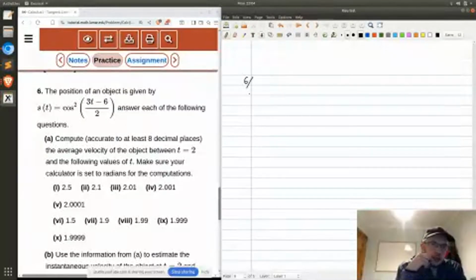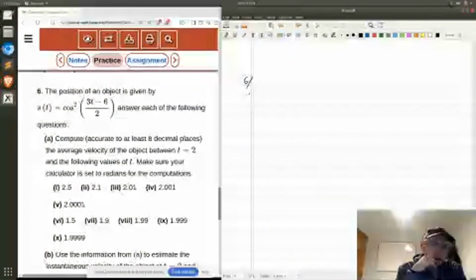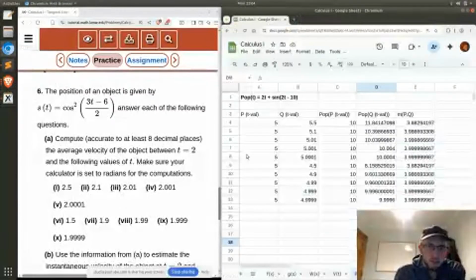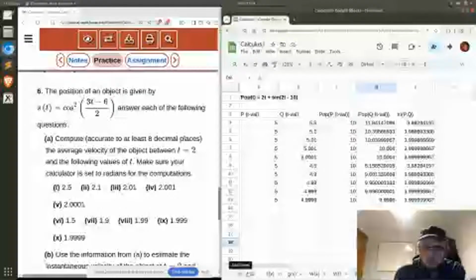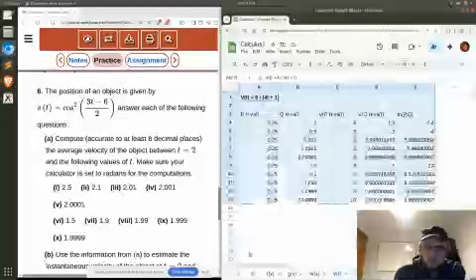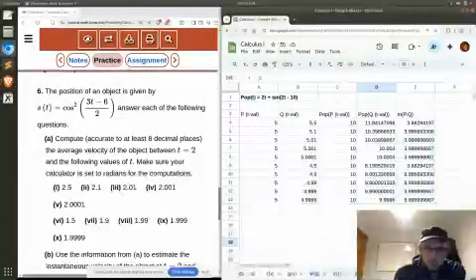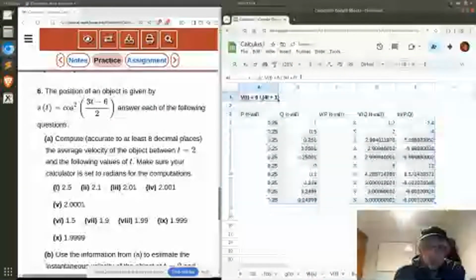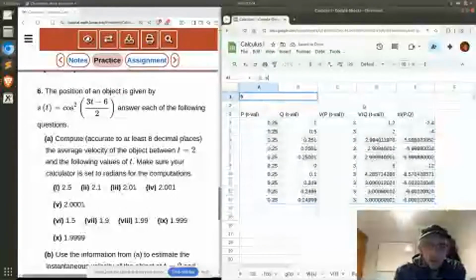The position of an object is given by that. Answer each of the following questions. So here is the function.